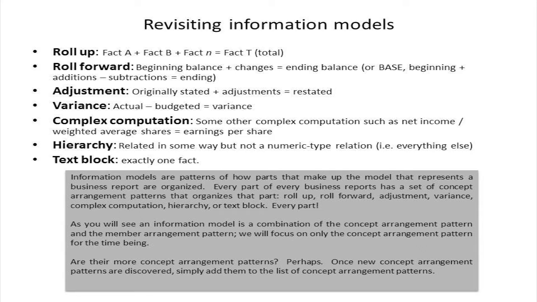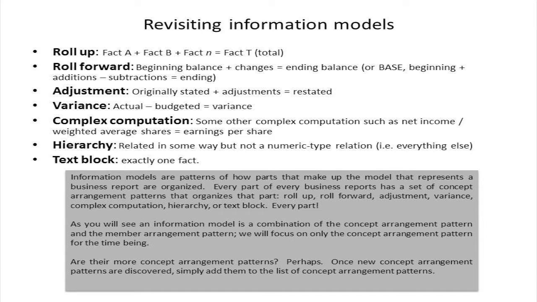But before we look at blocks specifically, let's remind ourselves about information models. So information models are patterns of how parts that make up a model that represents a business report are organized. So every part of every business report has a set of concept arrangement patterns that organize that part.